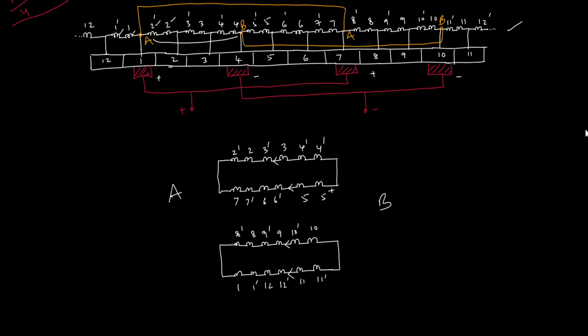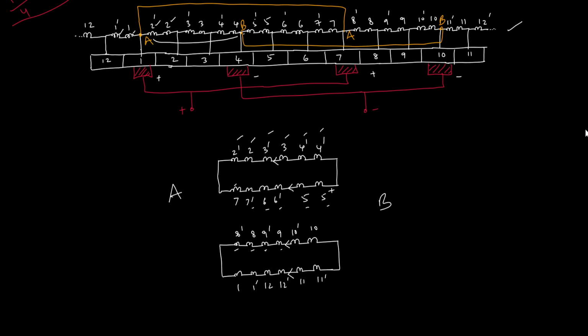How is it connected? 2 dash 2, 3 dash 3, 4 dash 4. And again from A to B, how are these coils connected? 7, 7 dash, 6, 6 dash, 5, 5 dash. Now coming to here, between A and B again, 8 dash 8, 9 dash 9, 10 dash 10.